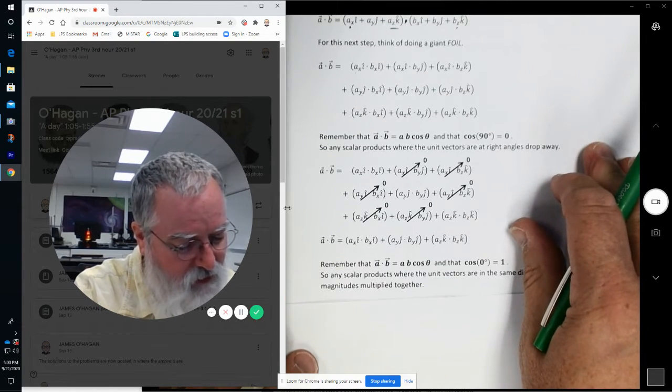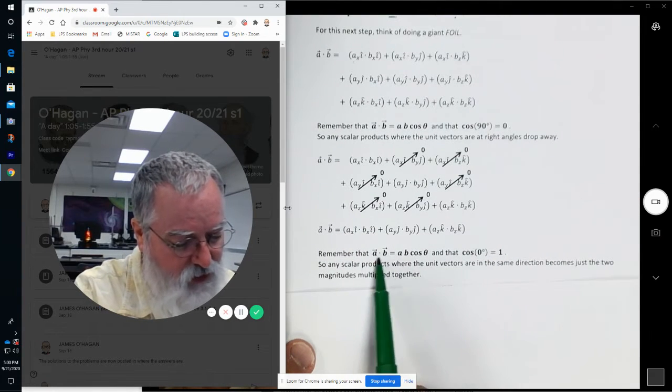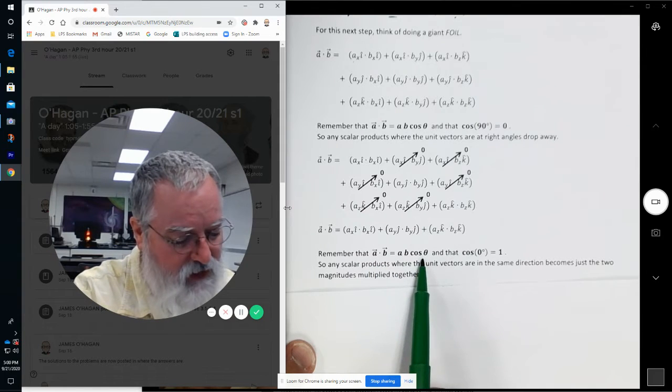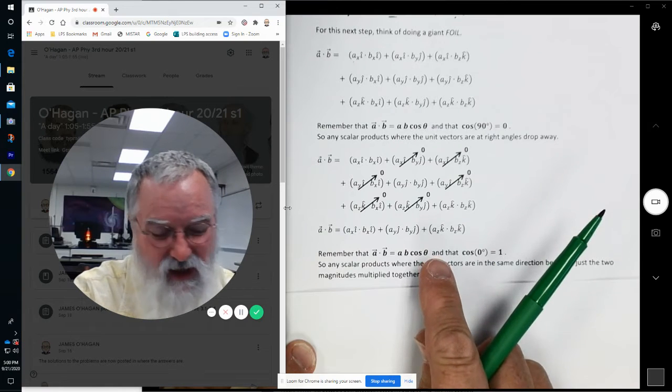Now let's do another. Let us remember that we're back to our definition of cosine: A dot B equals AB cosine theta. And cosine 0 equals 1, as I said a second ago.